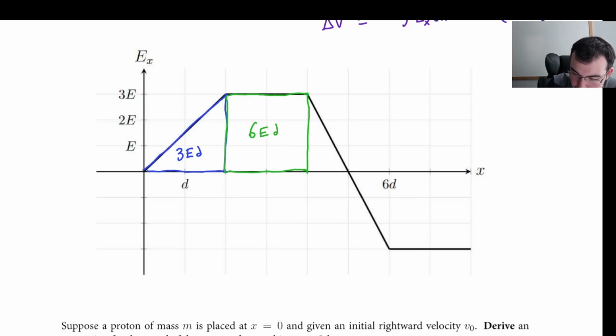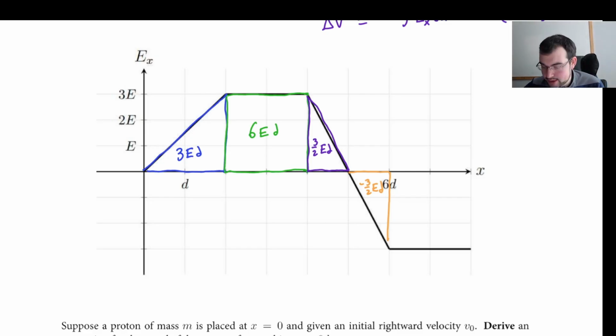Then we have a blue triangle. Sorry, I already used blue. We have a purple triangle. Base is 1, height is 3, so this is 3/2 ED. And then we actually have the same triangle down here, but we have to be careful. It is below the x-axis. So this is negative 3/2 ED.